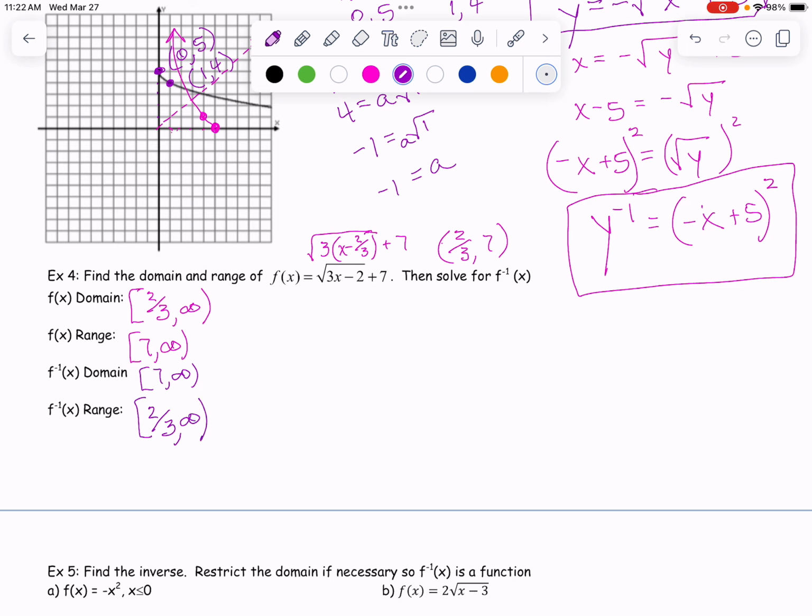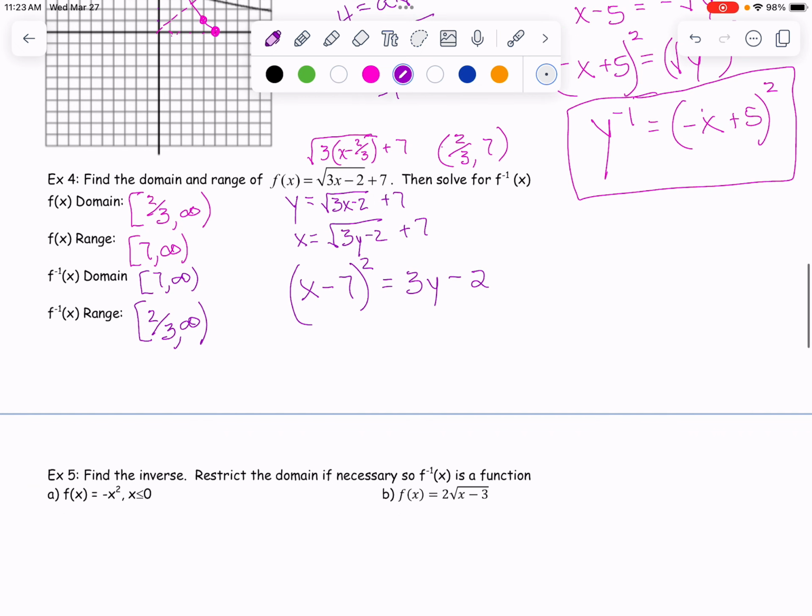And so I'm going to find my inverse, switch the x and the y. Isolate, so I'm going to subtract the 7. Then I'm going to square, so I'm left with 3y minus 2.